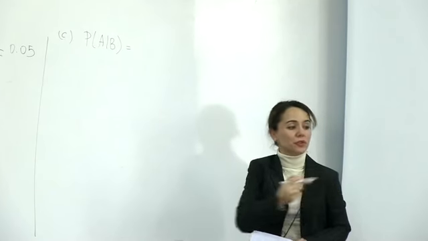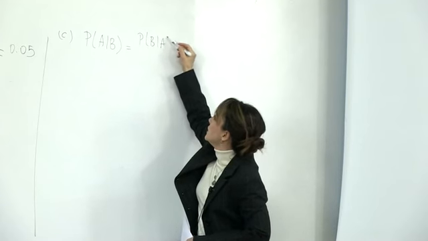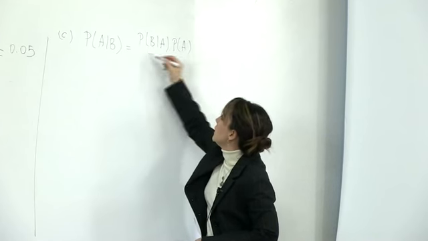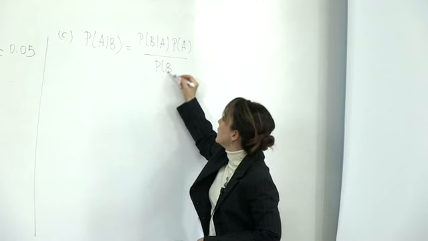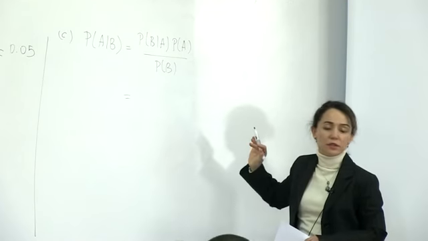So let's compute this probability. What do you use? Bayes' rule, exactly. P of B given A times P of A divided by P of B. And by now we know everything in this equation.